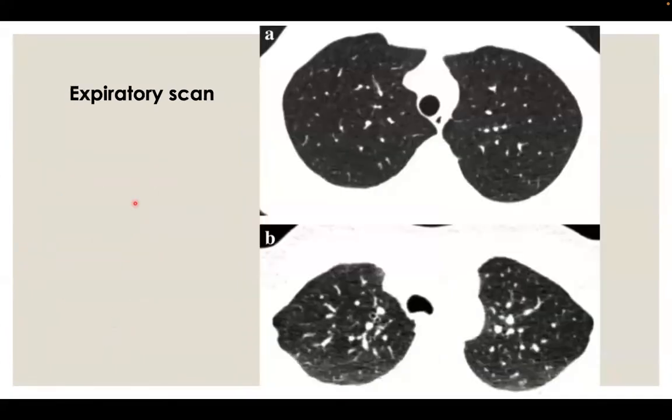The expiratory scan's role is to differentiate whether the mosaic attenuation is associated with air trapping or not. In a proper expiratory scan, the trachea, which is a circle or round shape on the inspiratory scan, will take a D shape due to bowing of the posterior tracheal aspect.